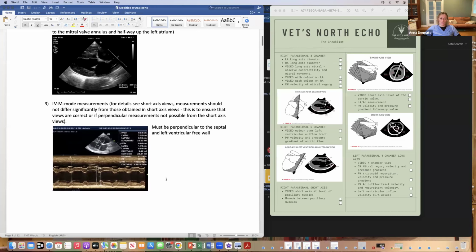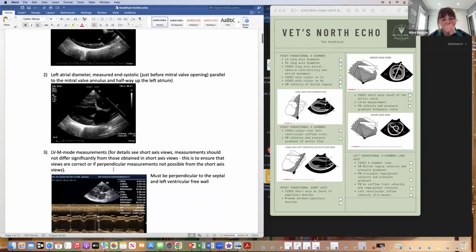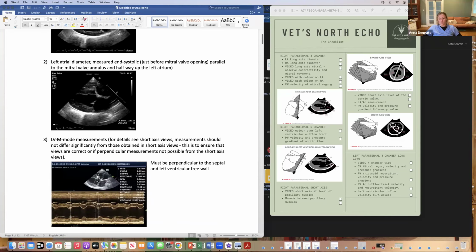Now the way we want you to do this is in your 4-chamber view, and you can see this sonographer has moved the heart a little bit to that side of the screen. Can you see that? So it's a little bit more on an angle than that view was. The reason they've done that is to make sure that their line is perpendicular to the walls and parallel with the valve.